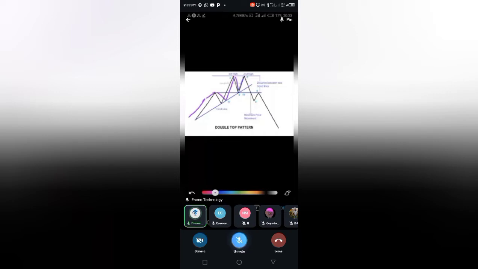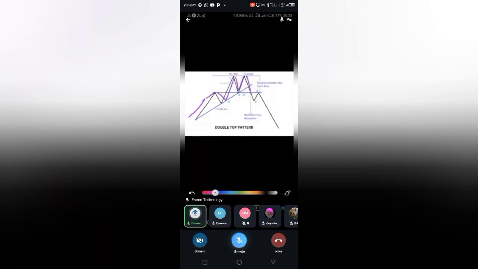Then it will go again and bounce back again. So once this M is formed, having two peaks and one low, we say a double top pattern is formed.